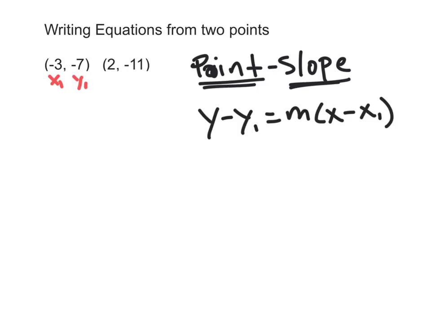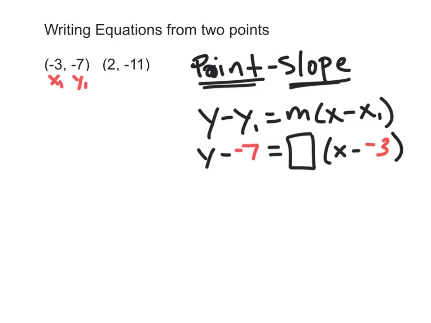So we've got y minus y1, and y1 is -7, equals the slope, which we're going to find, times x minus x1, and x1 up there is -3. Okay, and if we simplify this, y minus -7 is y plus 7, and then we need to find our slope still, and then we have x minus -3, which is x plus 3.